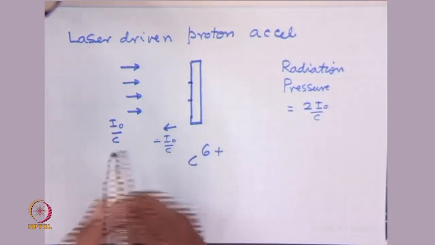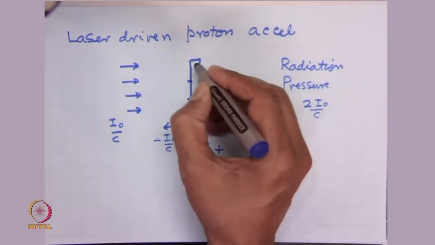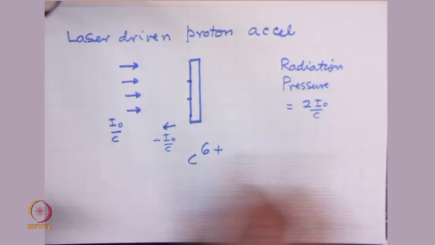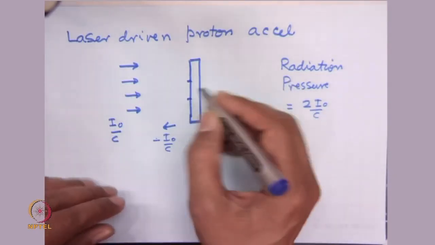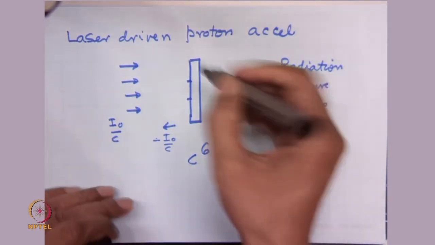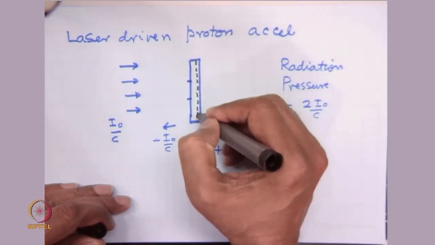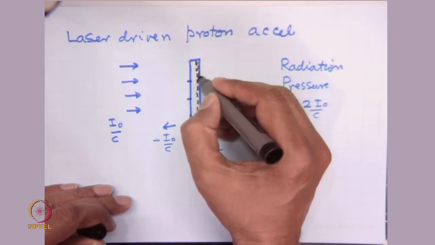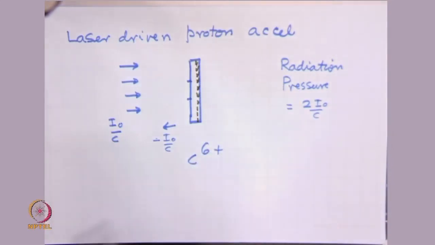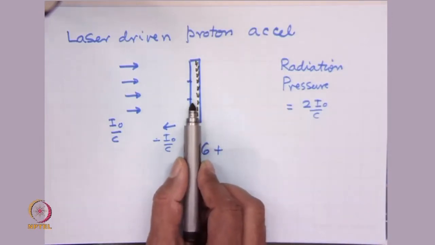But this radiation pressure does not apply on the entire foil, it applies only on the electrons of the foil. So the electrons which were initially filled in the entire foil are pushed backwards, to a small region here, something like this. So in this small thin region, the electrons are pushed. They cannot be pushed further because the space charge of ions left behind will pull them back.